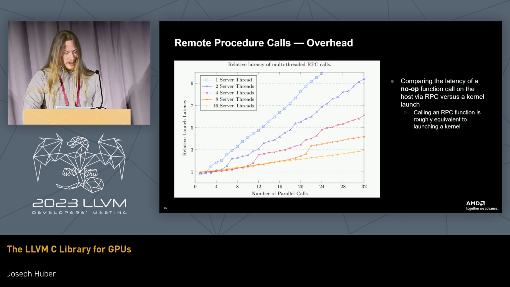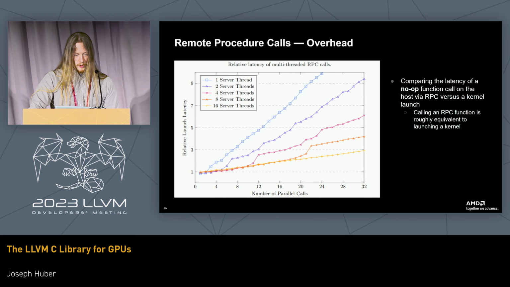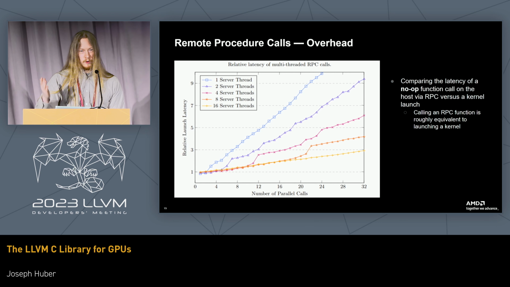It turns out that calling a function pointer from the GPU via RPC is roughly equivalent to the latency of an actual kernel call from the CPU, which shouldn't be too surprising because it's going over the same PCIe bus. Basically you can think of these as reverse kernel calls in terms of performance.